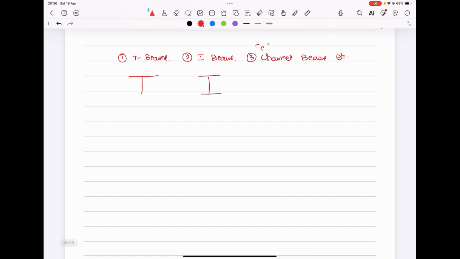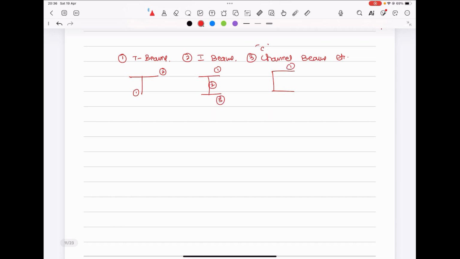In an I-beam both the flanges need not be the same, they can be different. C-channel is this way. These are various numbers of areas, that means shapes attached together. This is A1, this is one area, this is second area. Here first area, second area, third area. Here area 1, area 2, area 3.